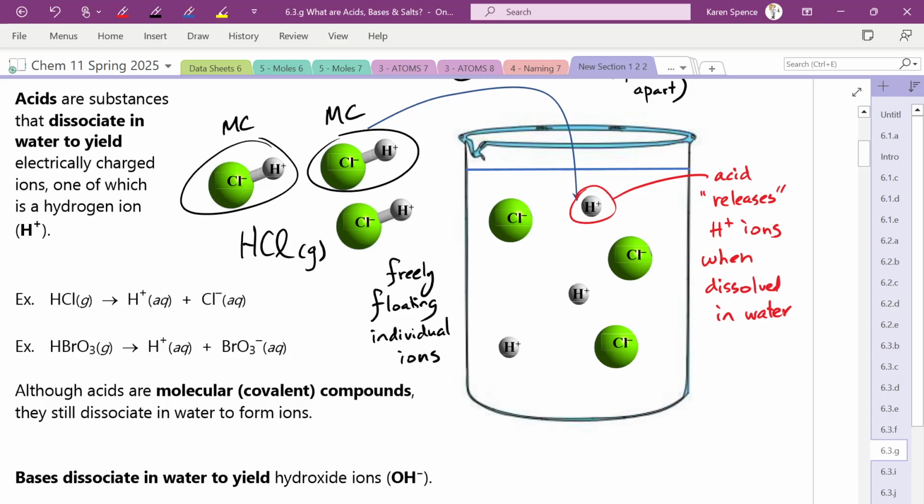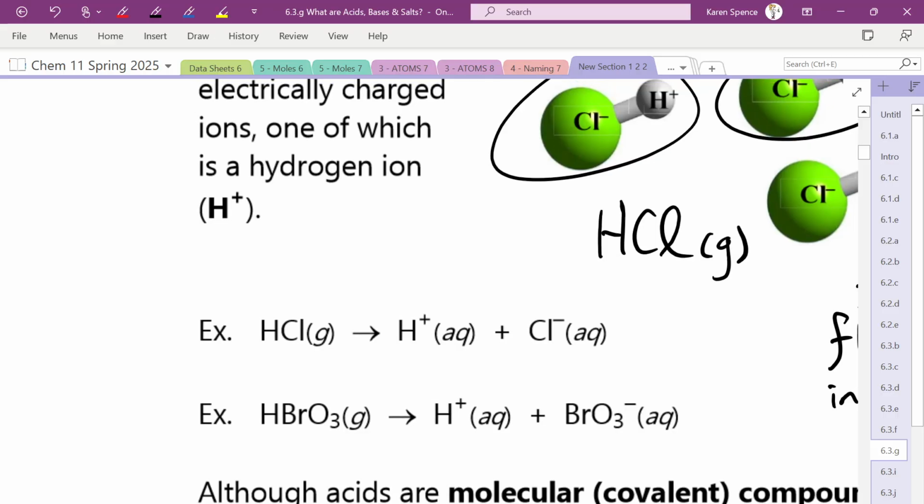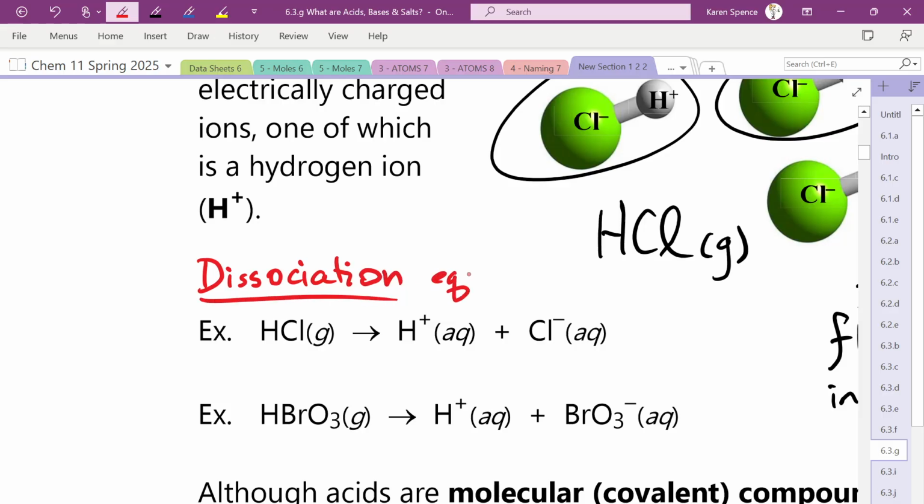So those are our acids. What we can see here is we can write the dissociation reaction equation for the acid. We start with HCl as a gas and it dissolves into H+ and Cl-.